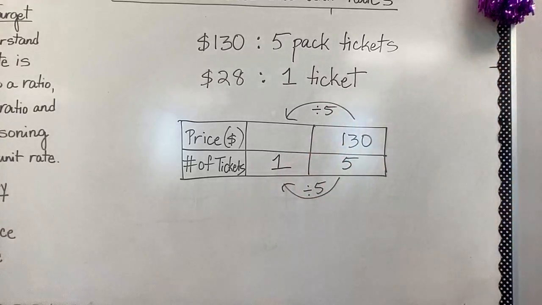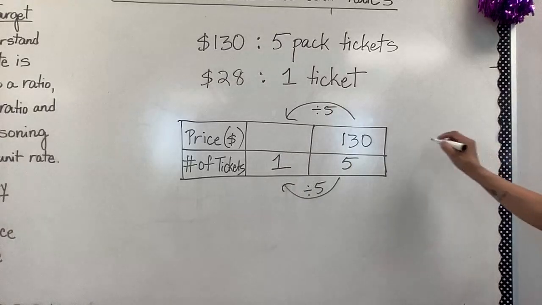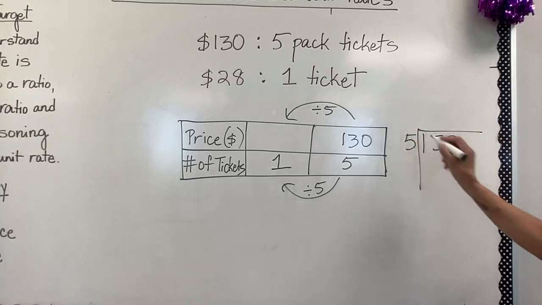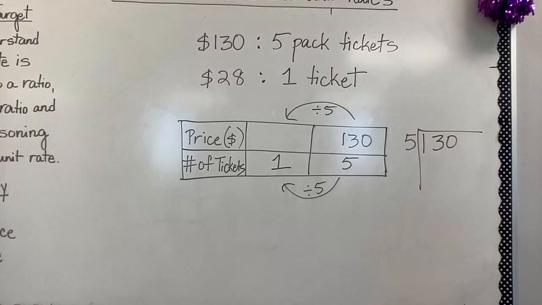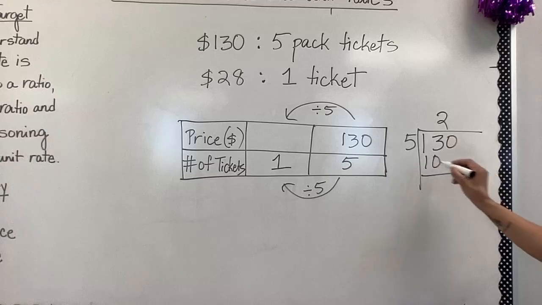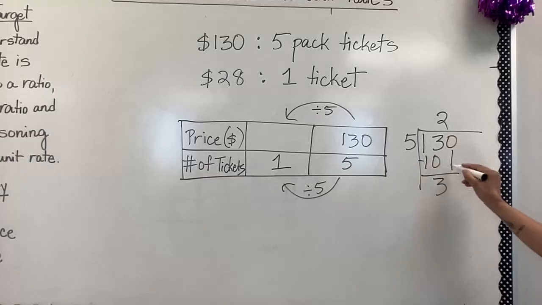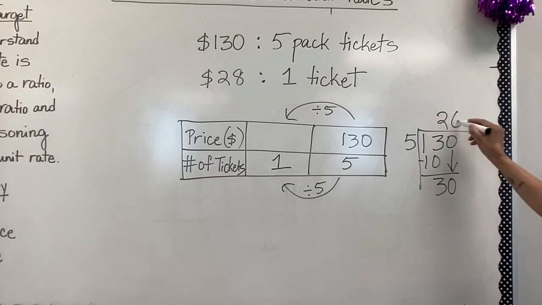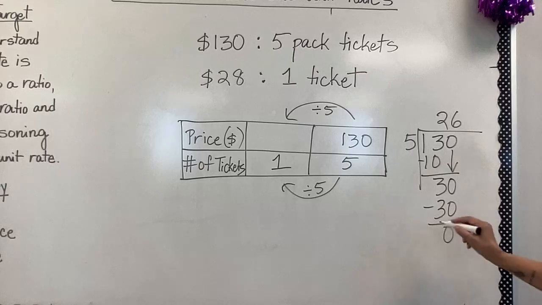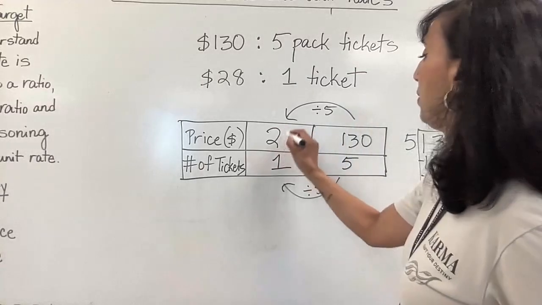And if I divide 130 by 5, I know that 2 times 5 is 10, right? And I get 3 remainder. I bring this down, and 6 times 5 gives me 30. So the price is going to be $26.